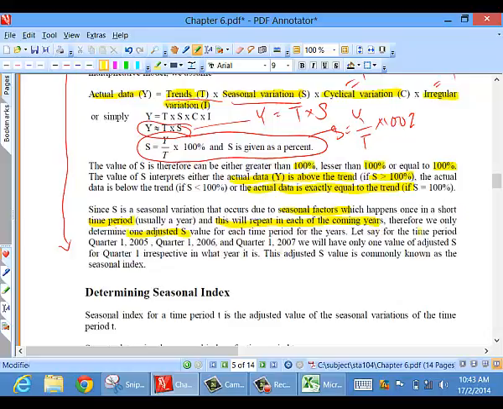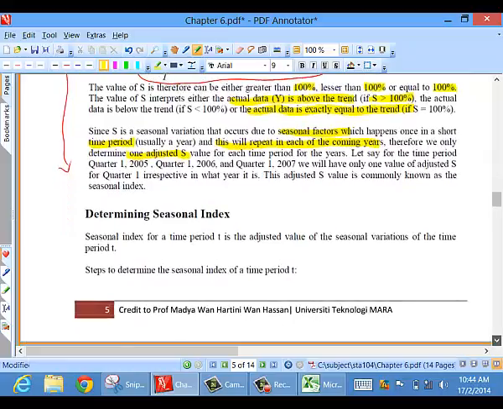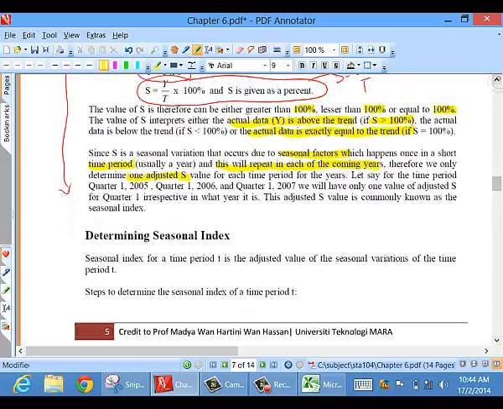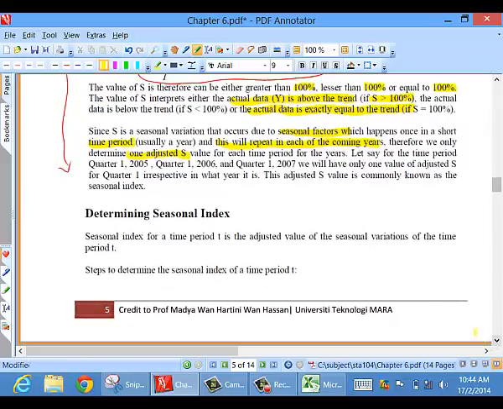So untuk cari that value, we need to calculate the adjusted S value, seasonal variation. Adjusted seasonal variation, we call it the seasonal index. So we're going to calculate the seasonal index. So the seasonal index for time period T is the adjusted value of the seasonal variation of the time period.